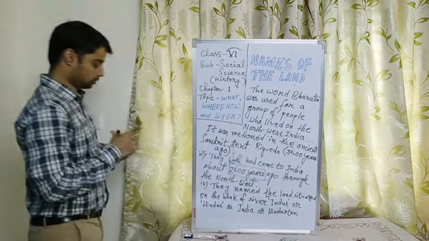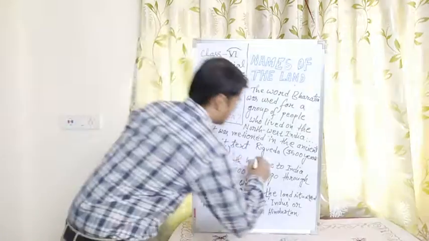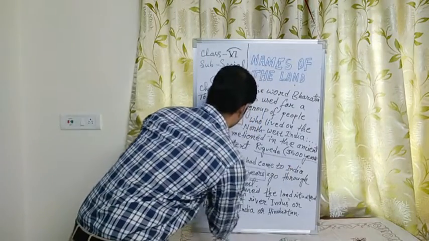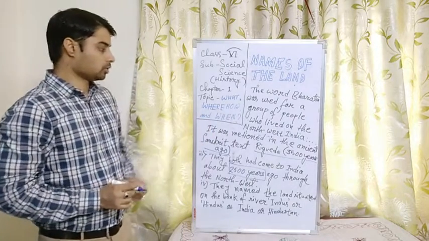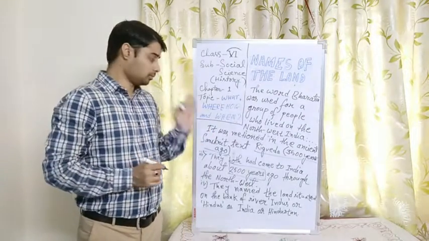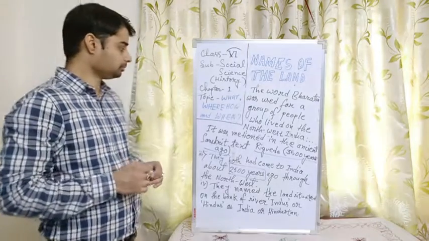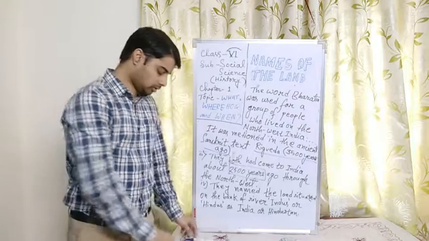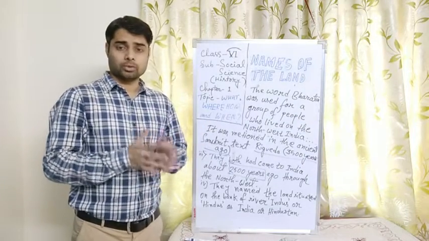So remember these years: Rig Veda, 3500 years ago. It was the earliest book written in Sanskrit. I hope you have understood this subunit. Now we'll go to the next subunit.